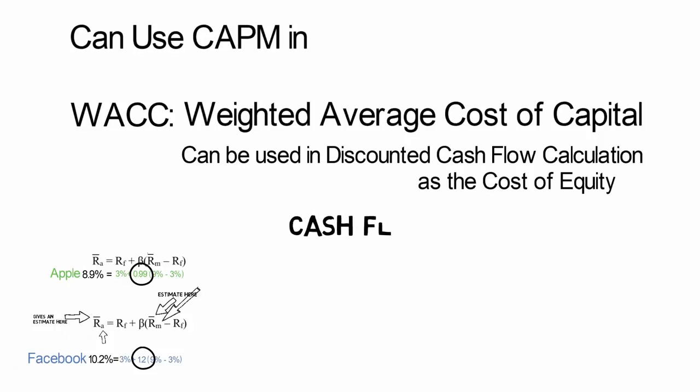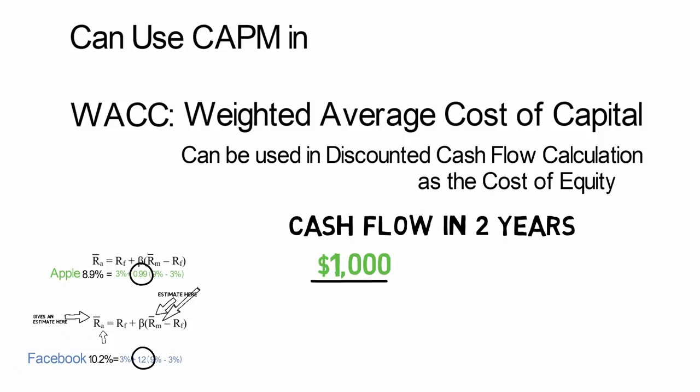Let's imagine that we had an expected cash flow coming from Apple in 2 years, and let's imagine that it is going to be $1,000. Well, since cash is more valuable today than it is in, let's say, 2 years, what we can do is use the results of our CAPM calculation as a discount factor. So if I'm going to get $1,000 in 2 years, for Apple, using our CAPM results of 8.94% as a discount factor, we can see that that $1,000 in 2 years is worth $842.61 today.